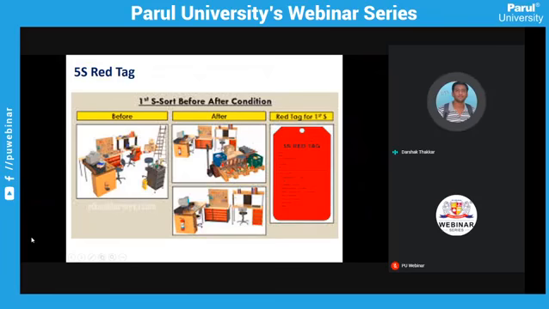It may be possible that something is unnecessary for our workplace, but for another workplace it might be helpful or necessary, so we can't throw it directly into the dustbin. For that we have to red tag this and put it into the red tag area like this. So we can understand easily with one of the videos.